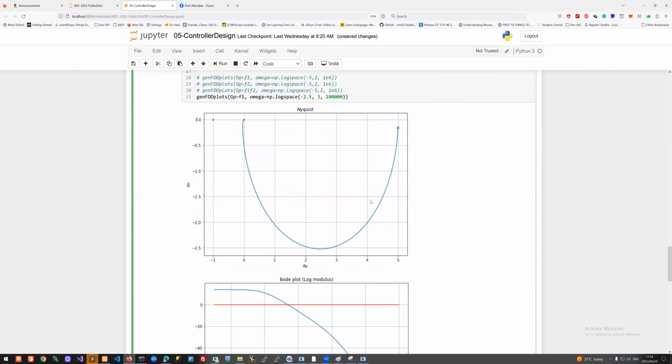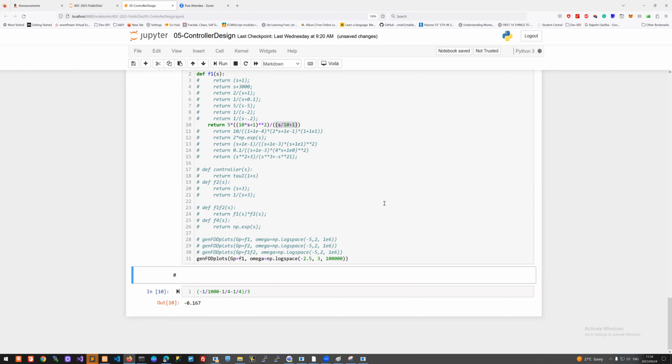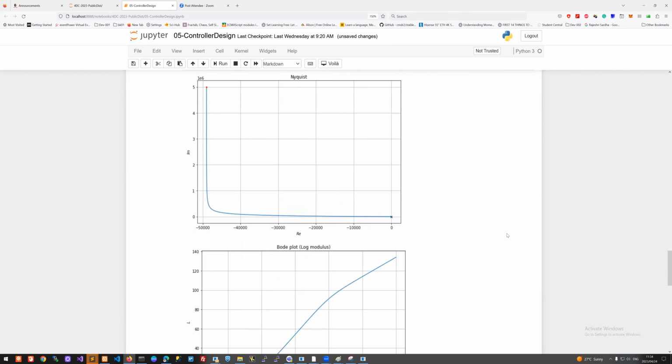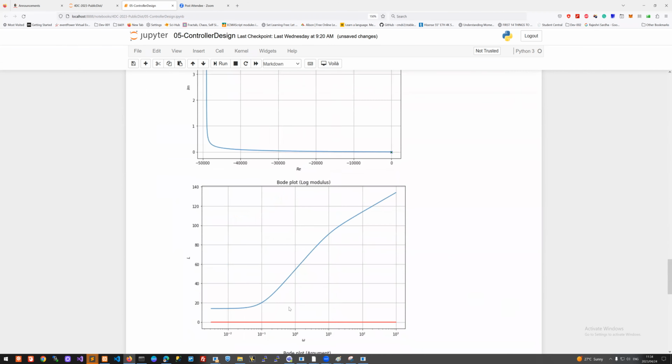So let's run it. Yeah, it starts out with a slope of plus 40, going up at a gradient of 40. Then the denominator kicks in near its crossover frequency, and it contributes a minus 20. That minus 20 is not enough to overcome the plus 40, so we end up with a slope of plus 20 over here.